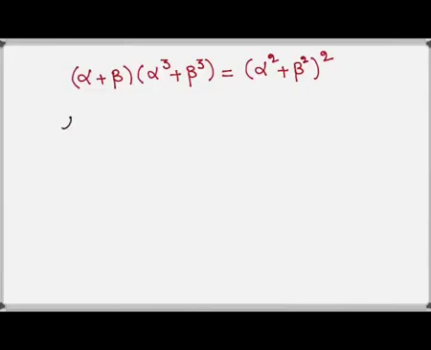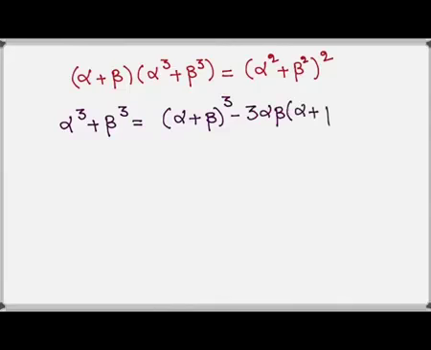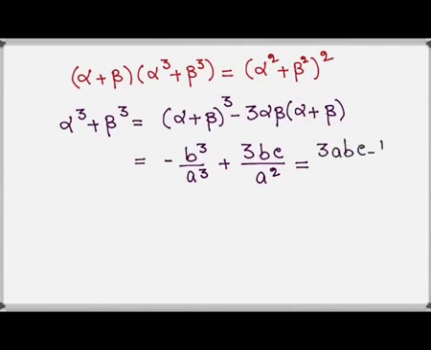We know that alpha cube plus beta cube is equal to alpha plus beta whole cube minus 3 alpha beta into alpha plus beta. So we substitute the value of alpha plus beta and alpha beta here. We get this is minus b cube by a cube plus 3bc by a square, which is equal to 3abc minus b cube divided by a cube.